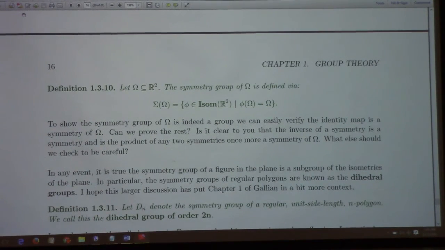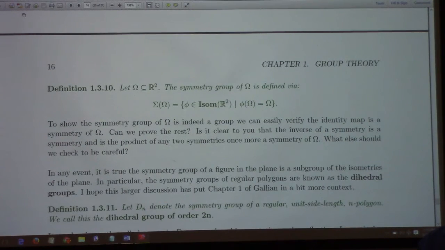You pick your favorite two-dimensional shape. You can ask what's the symmetry group of it. In other words, what isometries of the plane leave that object unchanged as they map it? So, excuse me, stupid example: if you take omega equal to R2, the isometry group of the whole plane is just all isometries.